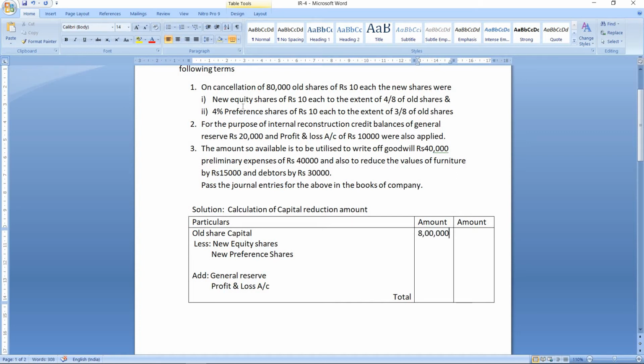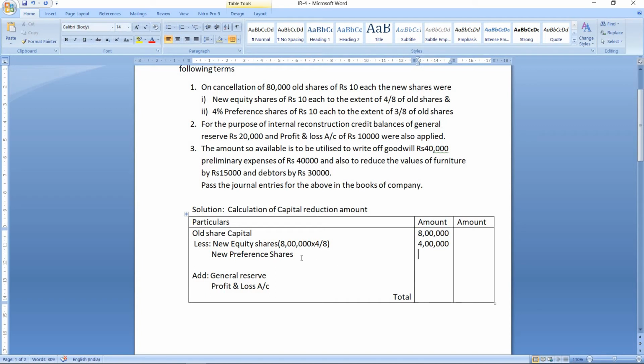From that you have to issue new equity shares of rupees 10 each to the extent of 4 by 8 of old shares. So your share capital is 8 lakhs into 4 divided by 8. So that will be your new equity share capital. So 8 lakhs into 4 divided by 8, that will be 4 lakhs.